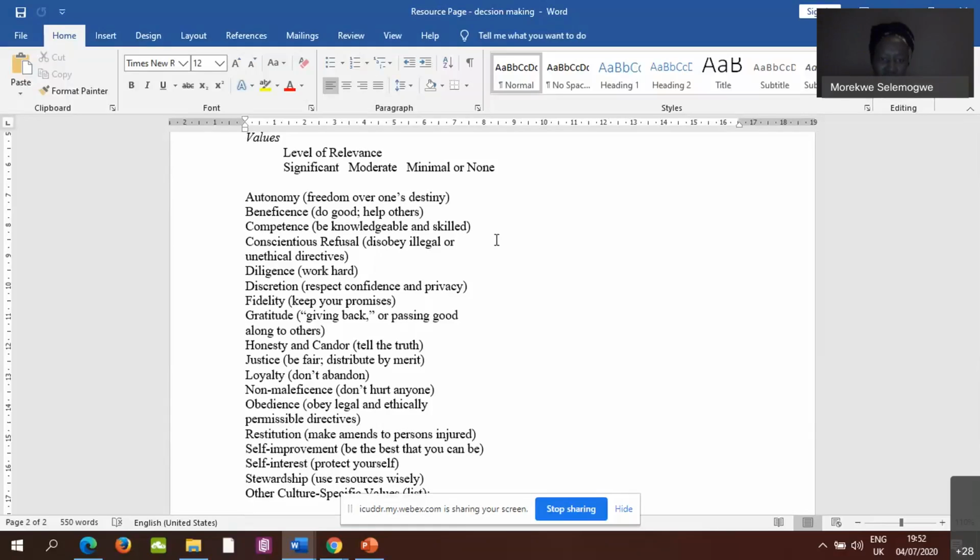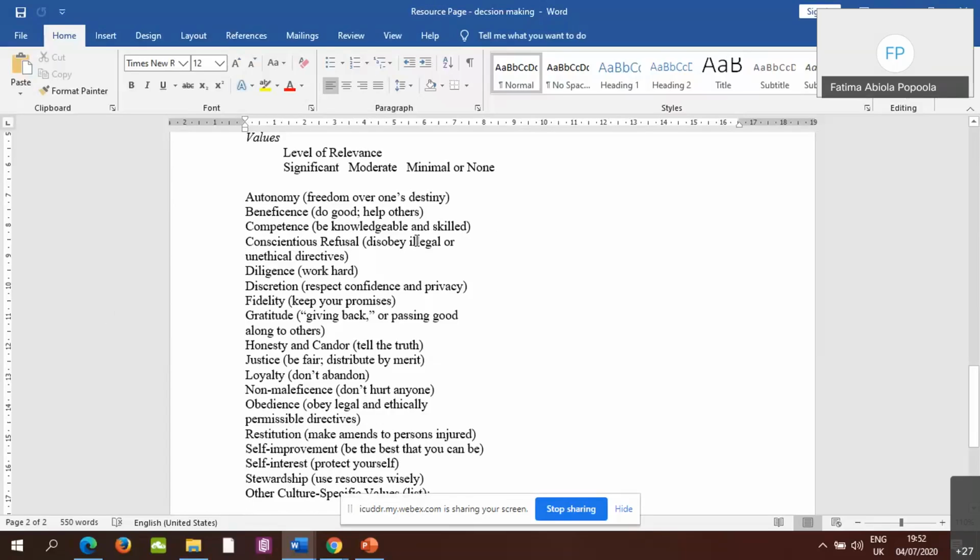Where are they disobeying illegal and unethical directives? I'm thinking that since he has the obligation to report the issue, that means he is doing something. If you report ethical, so that's why I said that rule applies.